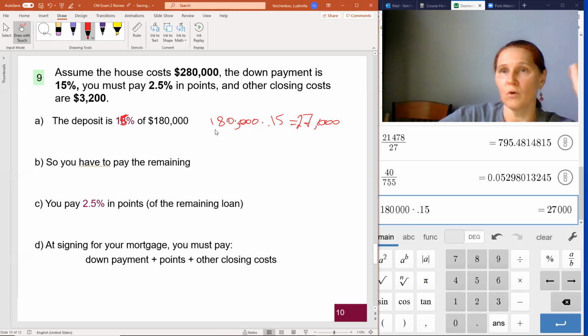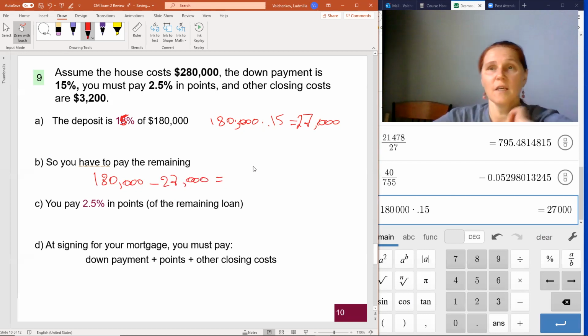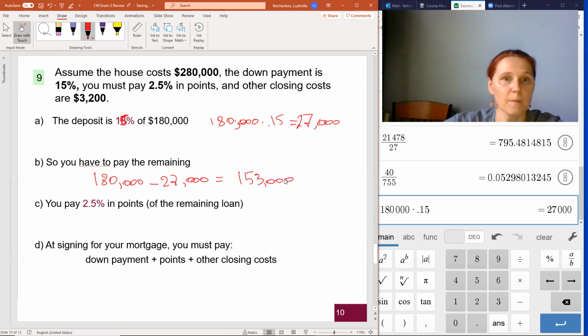So the loan consists of the remaining dollars. So 180,000 minus 27,000. This is the loan that you take from the bank. 153,000. You pay 2.5% in points.